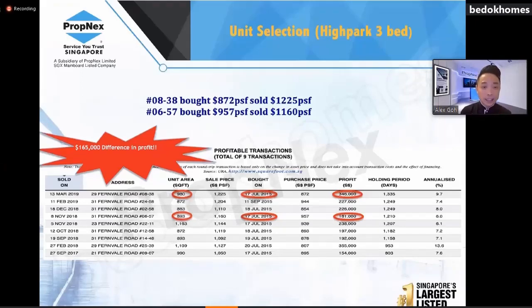Okay, the 980 square feet or the 1,000 square feet units are usually owners who are buying for own stay. So owners who are buying for own stay, most of the time at TOP, will they sell or not? Most of the time they will not sell, which means the 980 square feet at TOP, there will be very, very little supply.